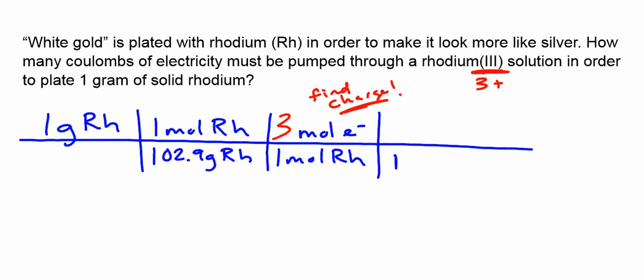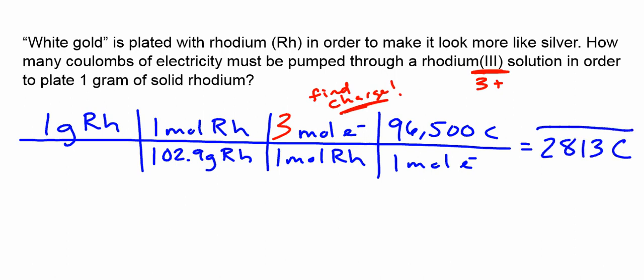All right, I'm doing great because for every 1 mole of electrons, I'm even going to round this one this time, I have that many coulombs. And now I can calculate it. And I roughly get 2813 coulombs. Okay, so that's how much electricity, basically, I would need to plate that 1 gram.